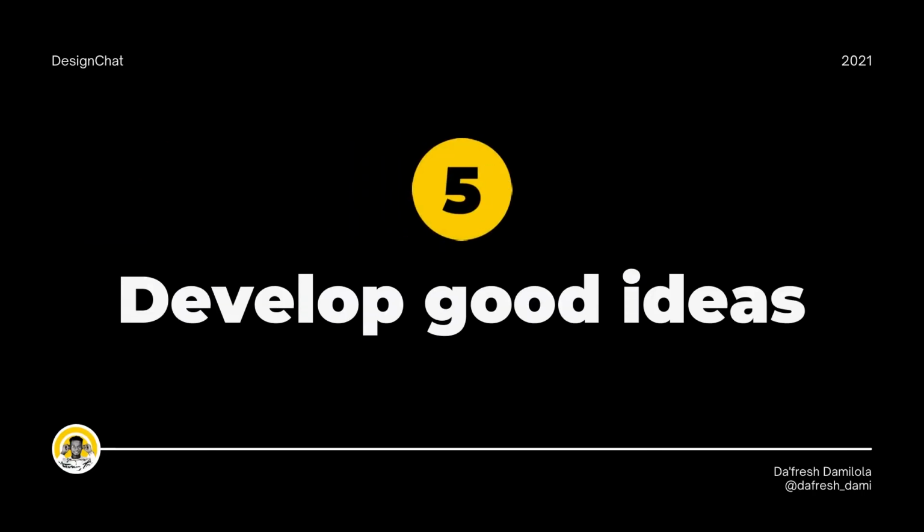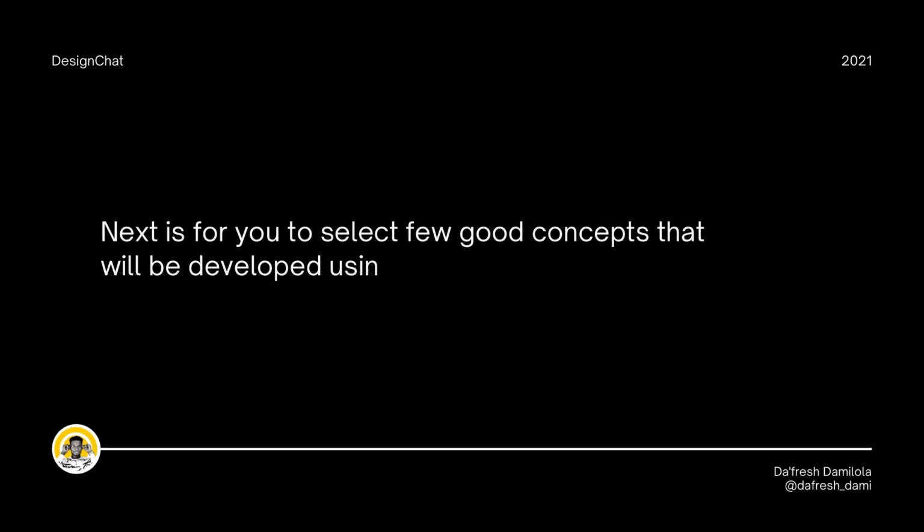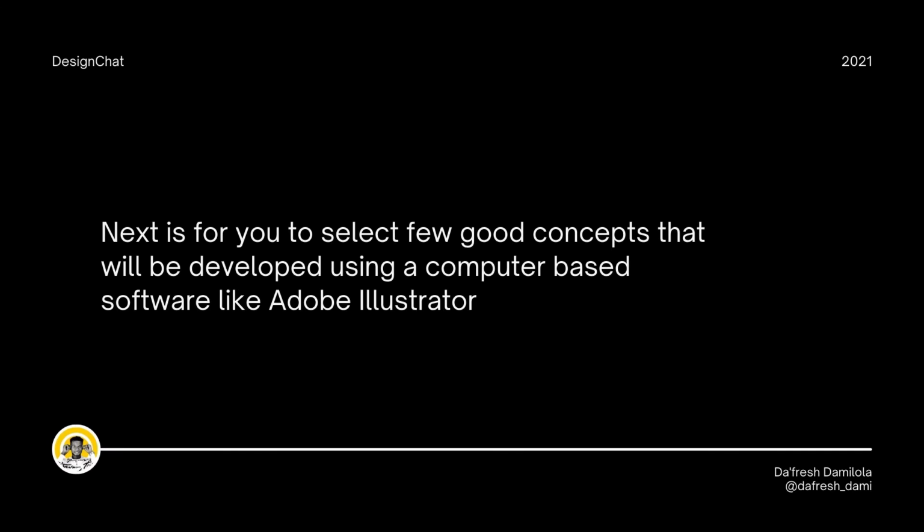The next thing you want to do is develop the good ideas. So you want to select a few good concepts from all the ideas. You want to select a few of them that you will now go and develop with computer-based software, e.g. Adobe Illustrator or CorelDRAW. So you see now, Adobe Illustrator and CorelDRAW are actually the design softwares that I would recommend for logo design.